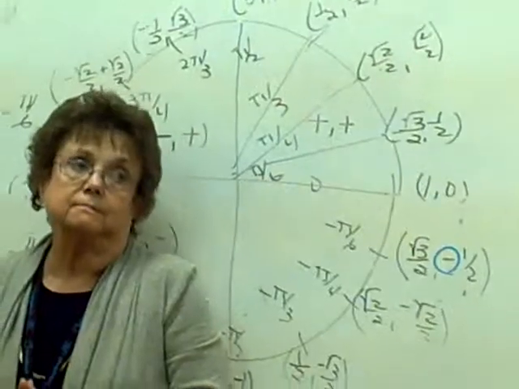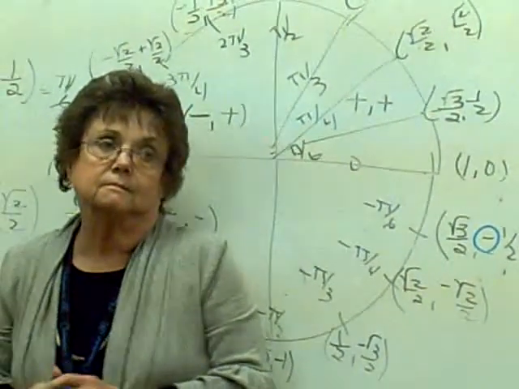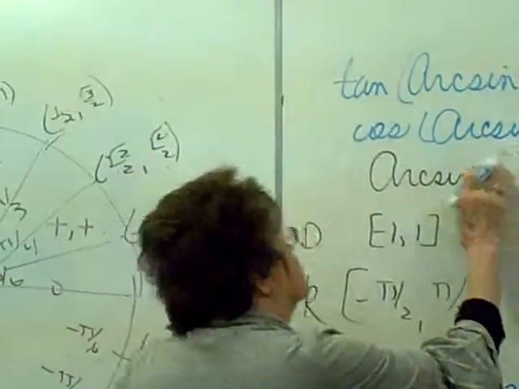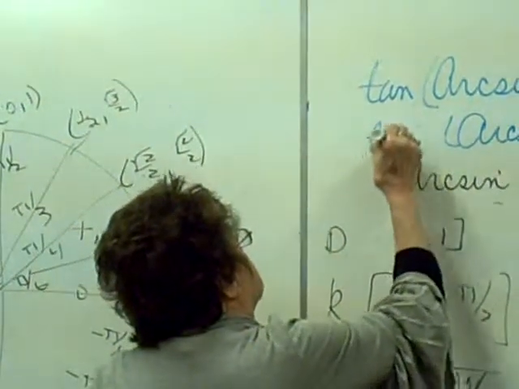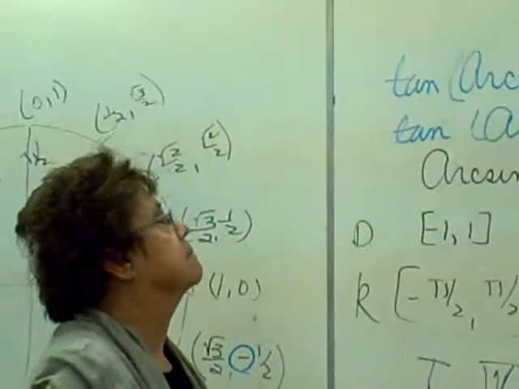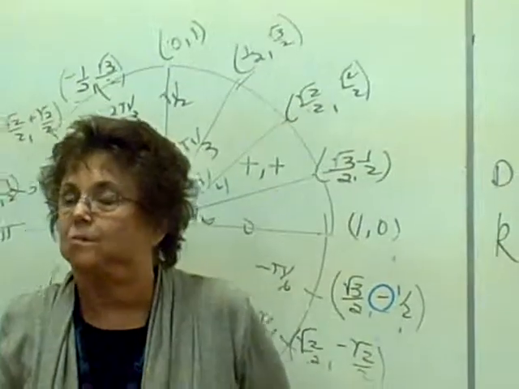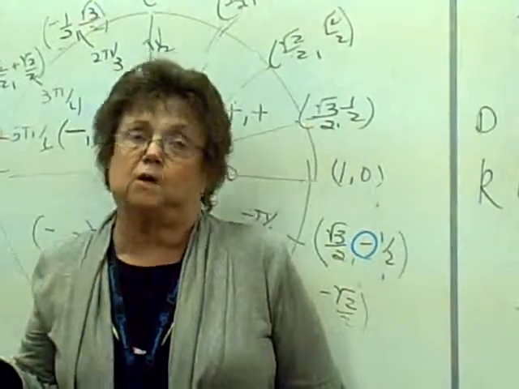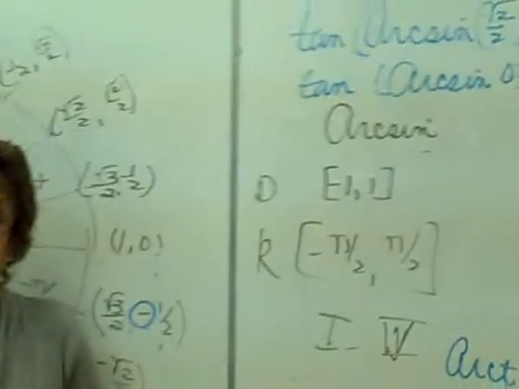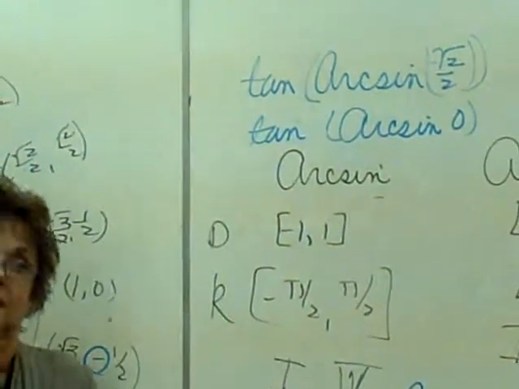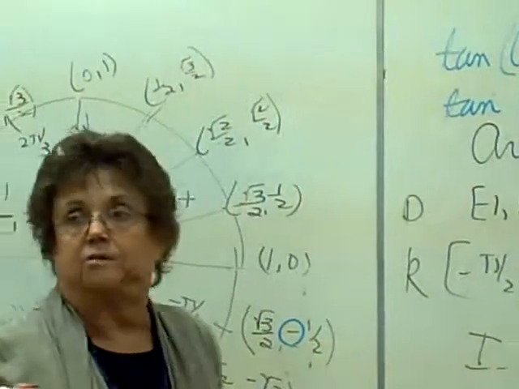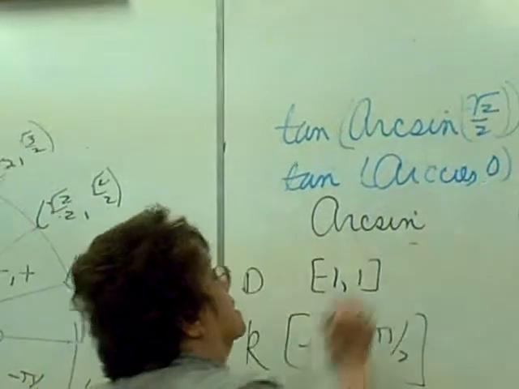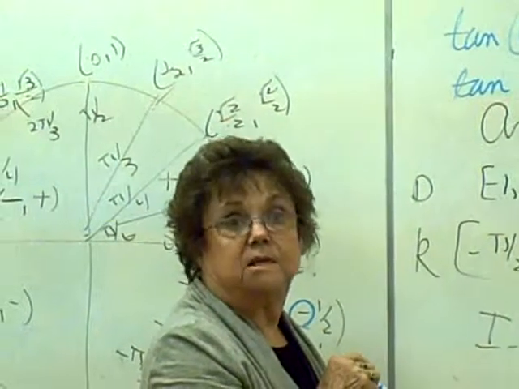That's the other ordered pair. Where arc sine is 0, the other ordered pair is 1, right? And when you put sine over cosine, you get 0 over 1, so the answer is 0. If I change this to cosine, it'd be undefined, because it'd be 1 over 0.